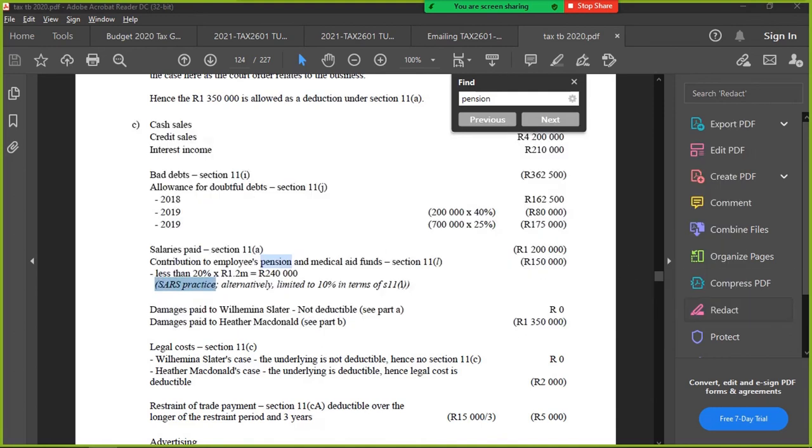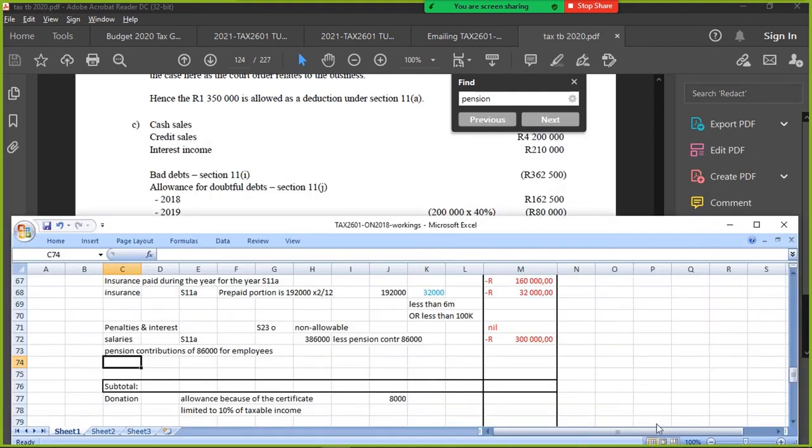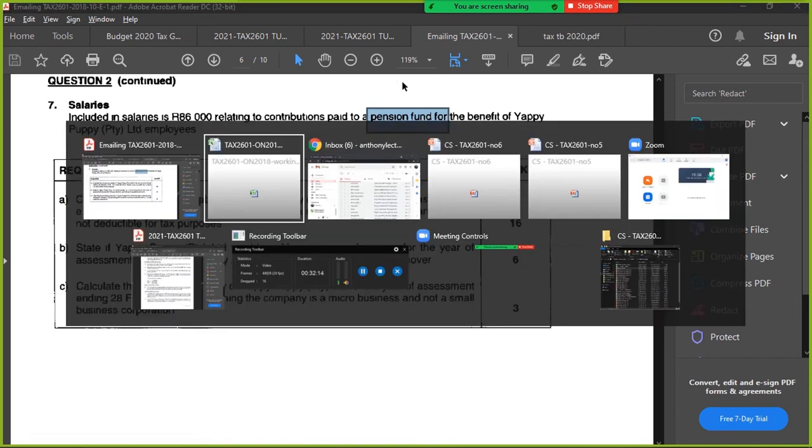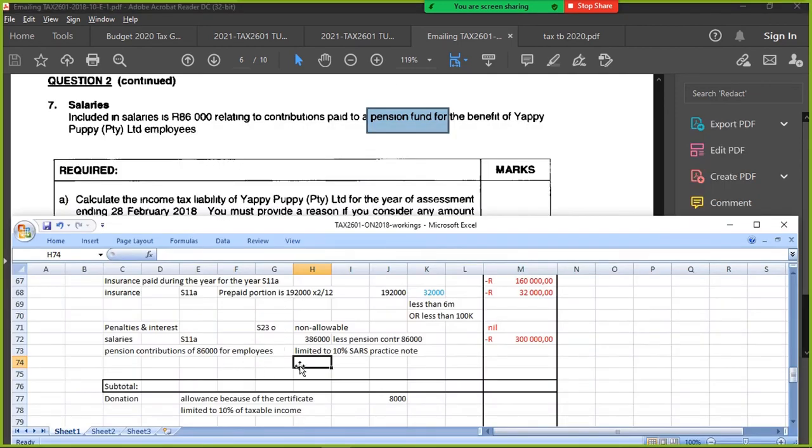Where's my Excel again now? Here. Okay, so did they give you the salary amounts? Yes, they did. 300,000. Agree? Yes.